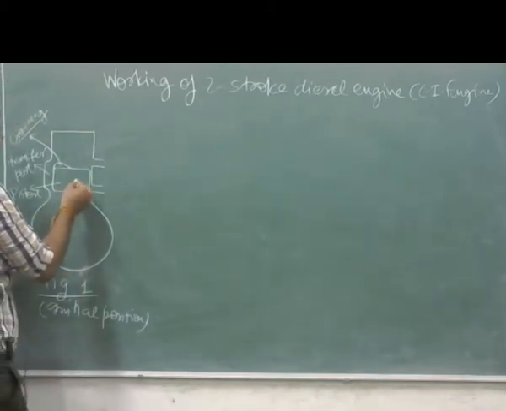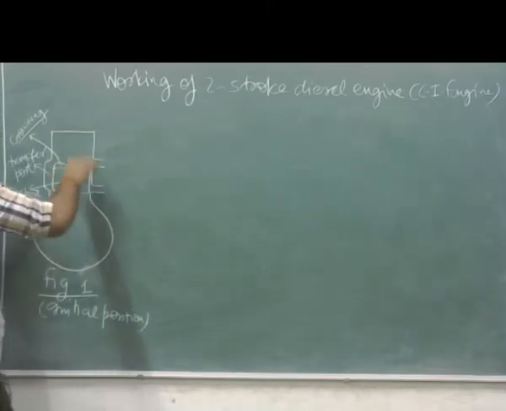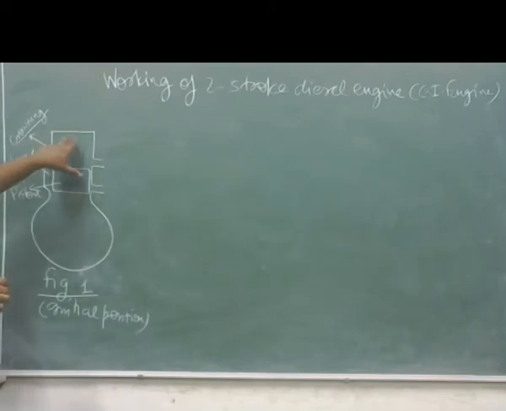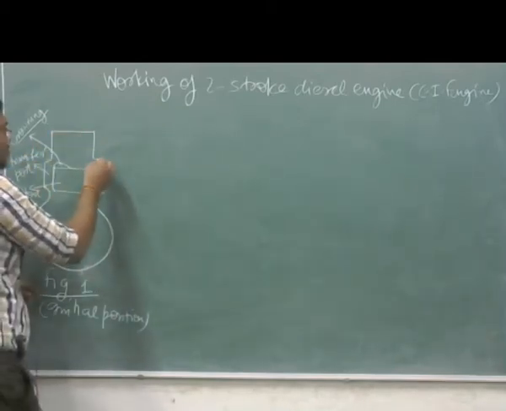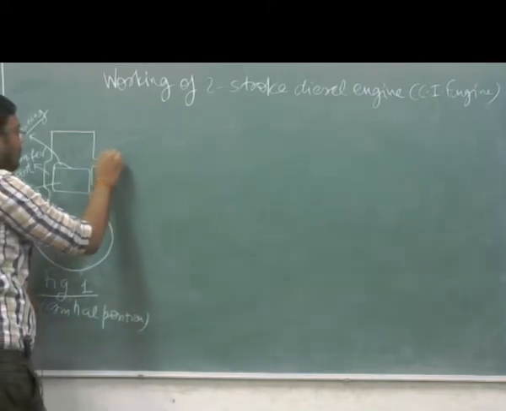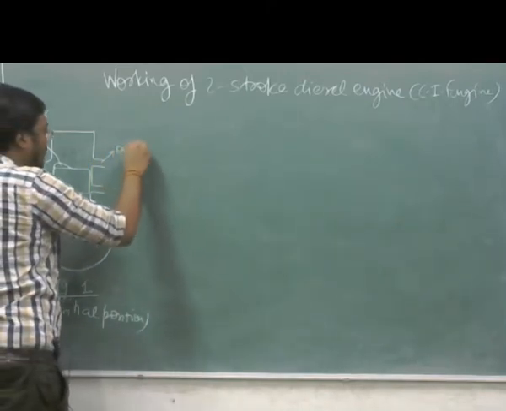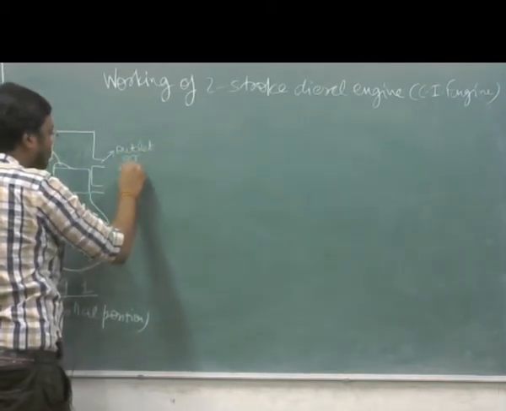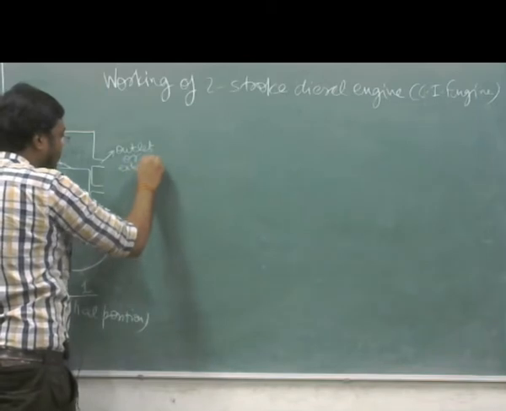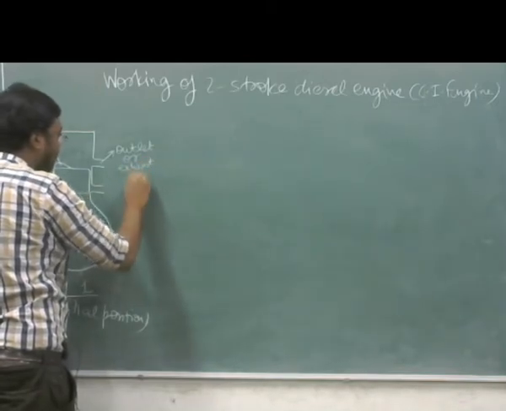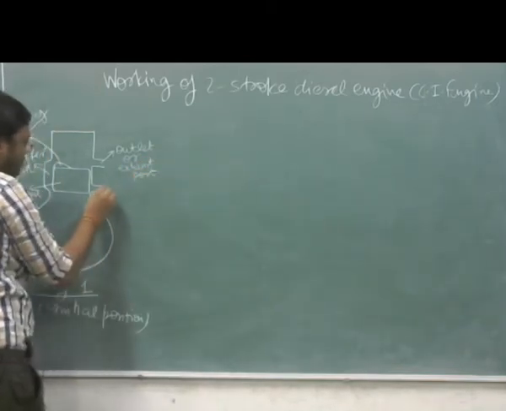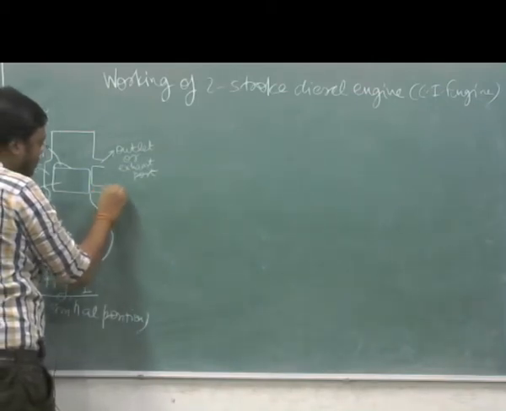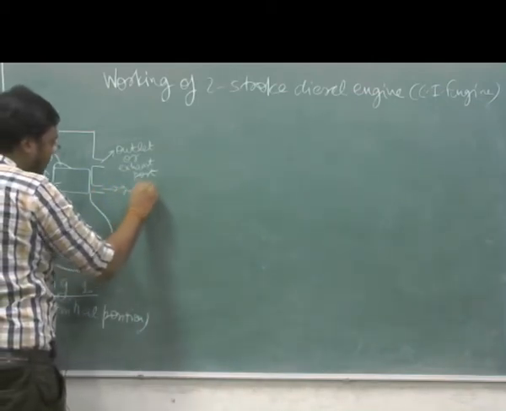And in two-stroke engines, there are no valves; in place of valves, we are using ports. This is the outlet port, or exhaust port, and this is the inlet port.